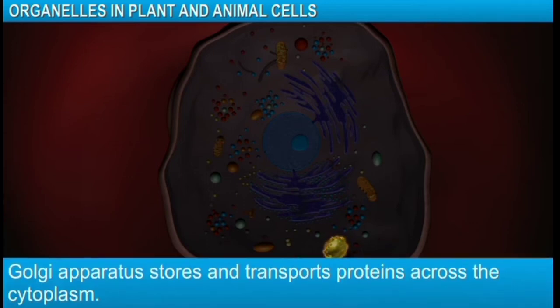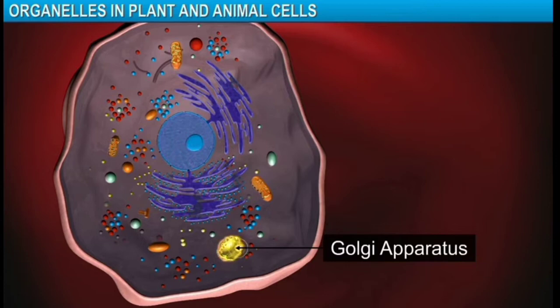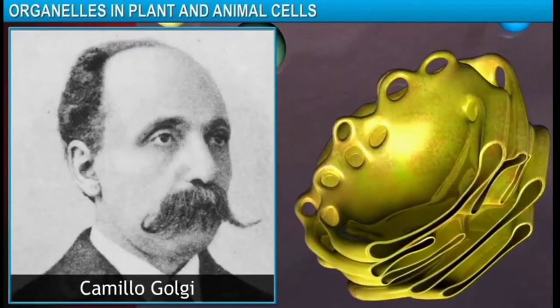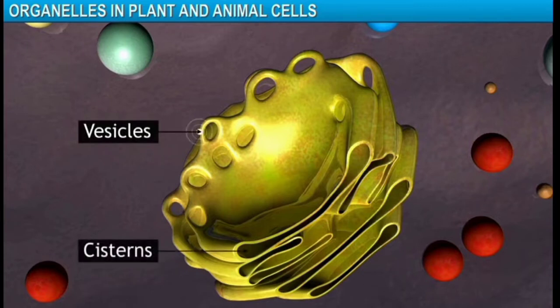Here's another organelle. This is the site for storing and transporting proteins across the cytoplasm, called the Golgi apparatus. Named after Camillo Golgi, who first described it, Golgi apparatus are stacks of flattened membrane-bound sacs or vesicles. These stacks are called cisternae.